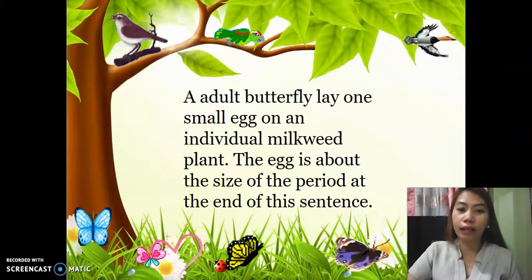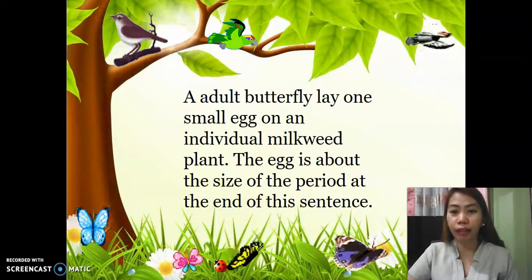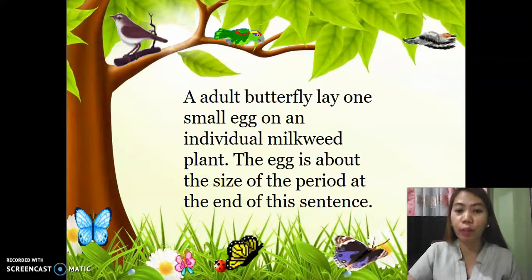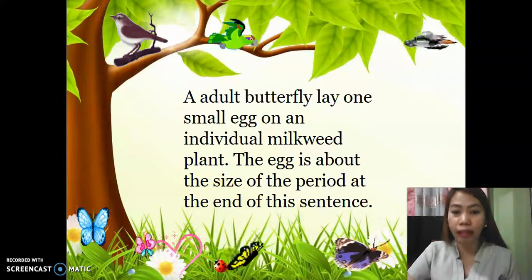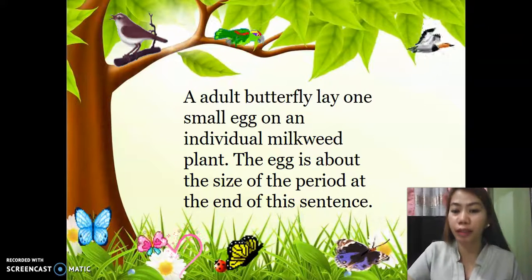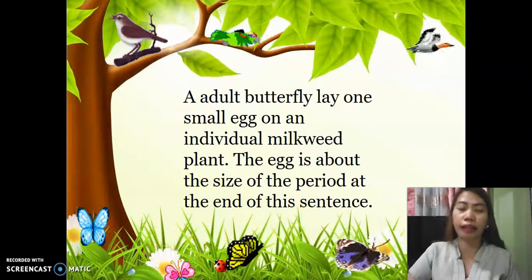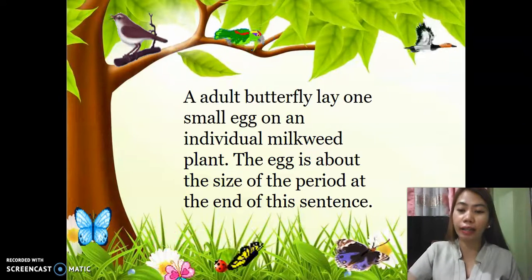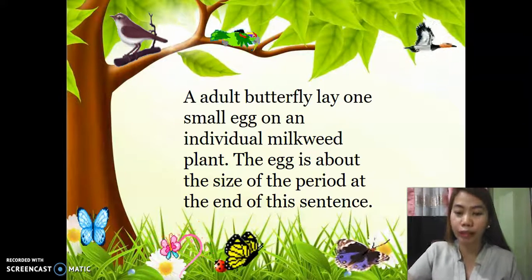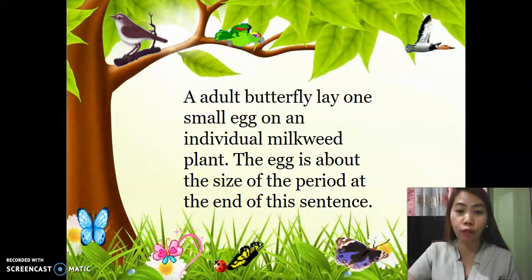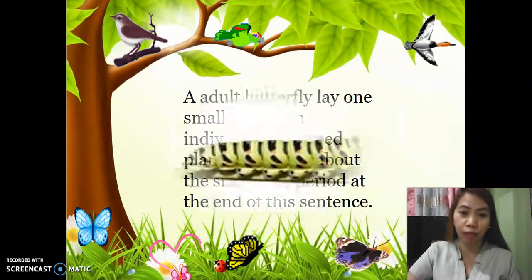Now, an adult butterfly may lay one small egg on an individual milkweed plant. The egg is about the size of the period at the end of a sentence. So can you just imagine that, class? So the size of the egg is like a period in the sentence. Okay, so that is the first stage of the life cycle of the butterfly.